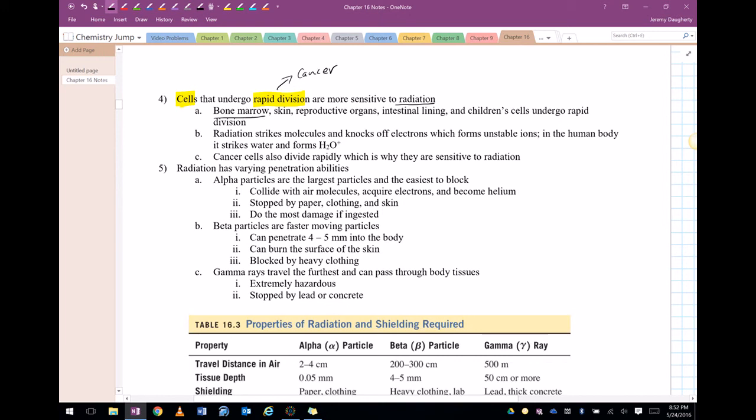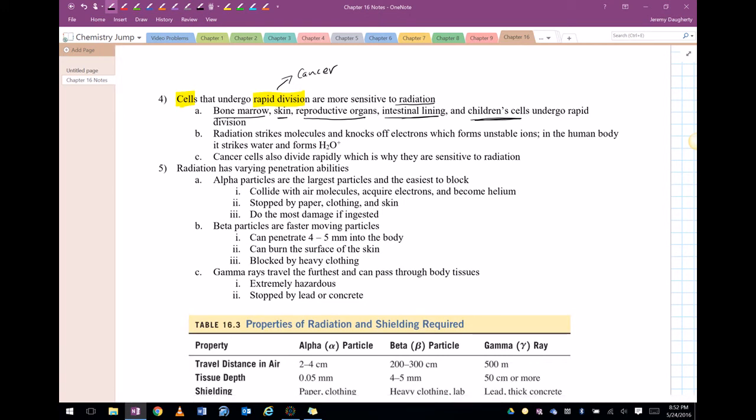Bone marrow. What we're going to see are areas where we are constantly regenerating cells. So bone marrow, skin, reproductive organs, intestinal lining, and children's cells, unfortunately, are always constantly dividing and regenerating.